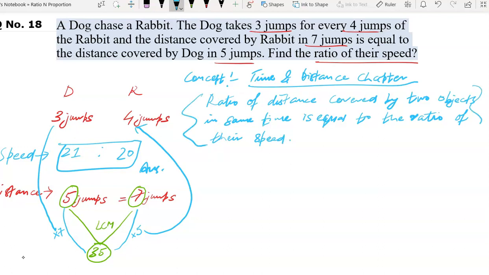So this is the concept. Ratio of distance covered by two objects in the same time is equal to the ratio of their speed.